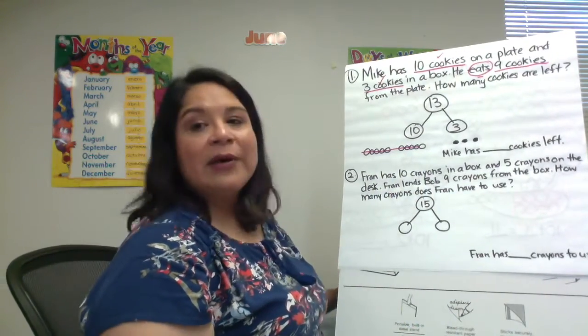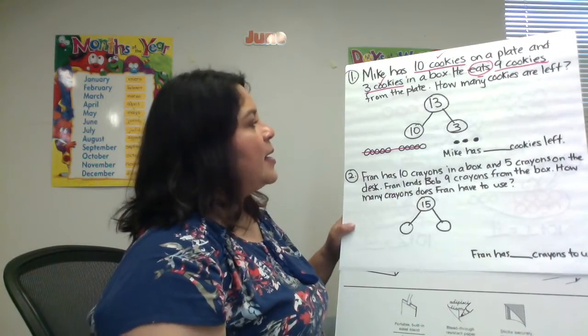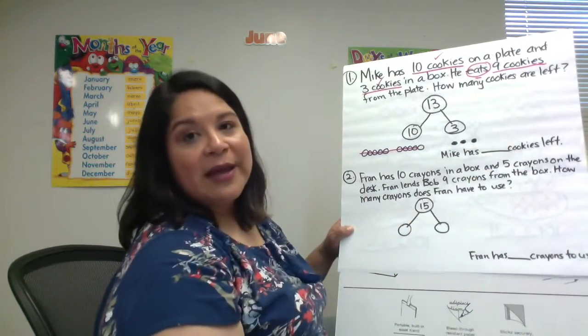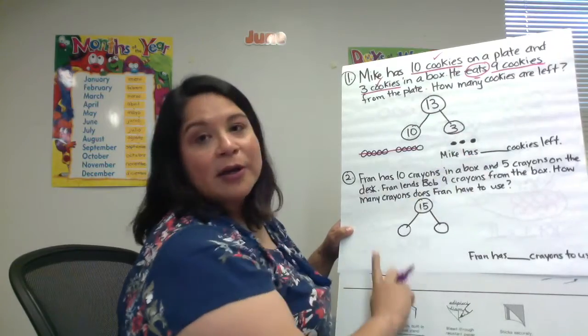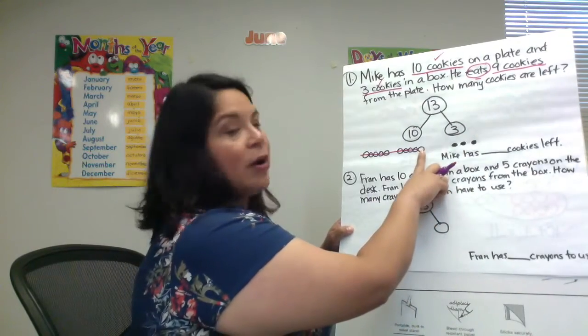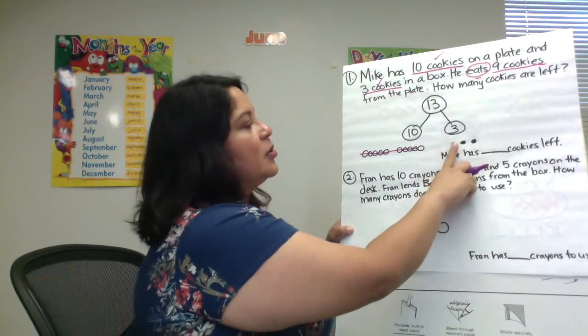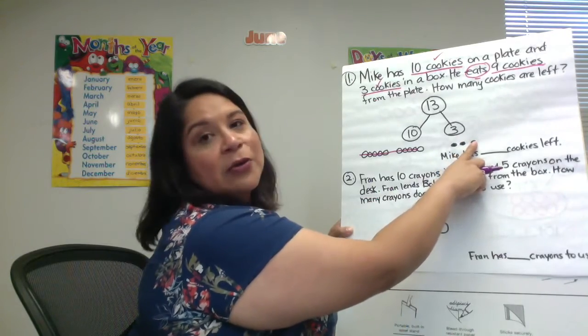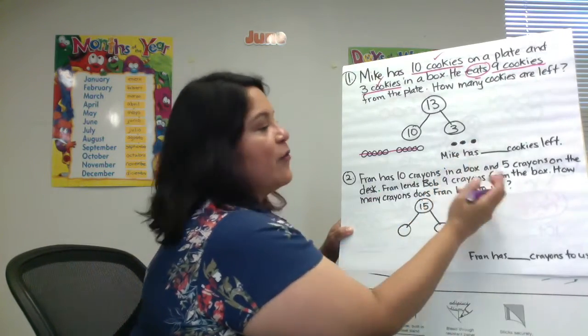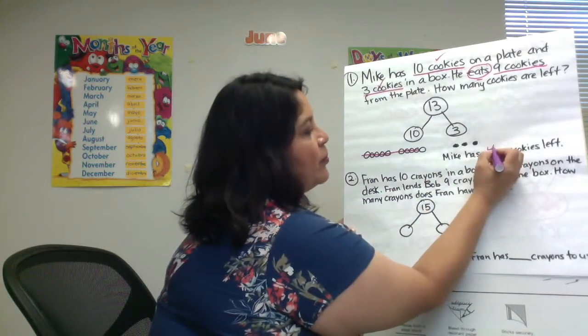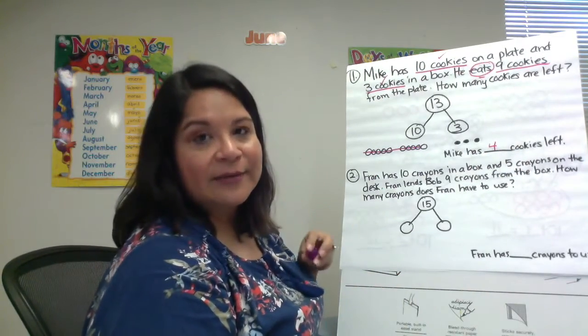Okay, so now I have crossed out my 9. Now to find out how many are left, I'm going to count the ones that are not crossed out. So I have 1, don't forget this one, 2, 3, 4. So how many cookies are left? 4. Mike has 4 cookies left.